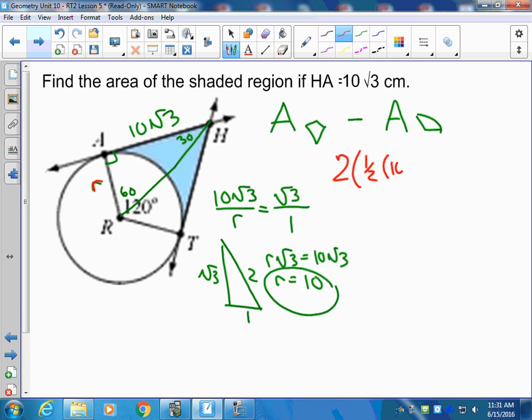Okay, times the base of our triangle times the height of our triangle. Okay, so we can see the 2 and the 1/2 are going to multiply to equal 1. We've got 10 times 10, so we've got 100 square root of 3 is the area of the 2 triangles. Okay, so we have that value.